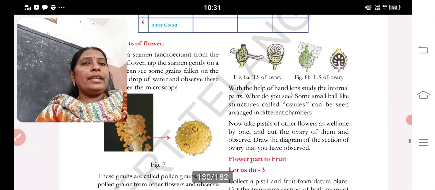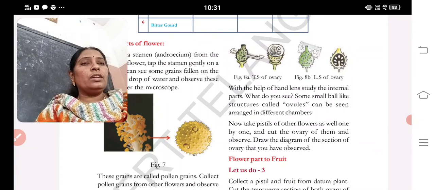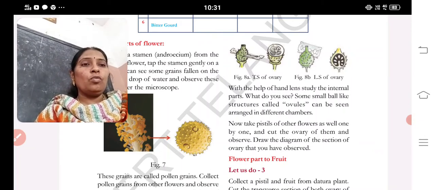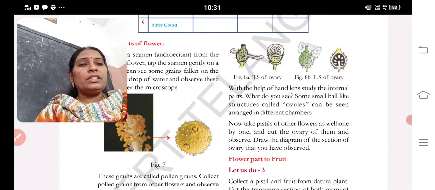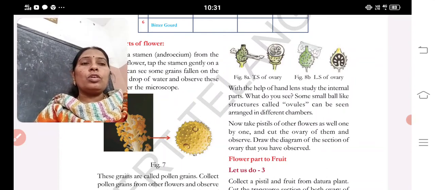With the help of a hand lens, study the internal parts. What do you see? Some small ball-like structures called ovules can be seen arranged in different chambers. Now take pistils of other flowers as well, one by one, cut the ovary and observe. Draw a diagram of the section of the ovary that you have observed.